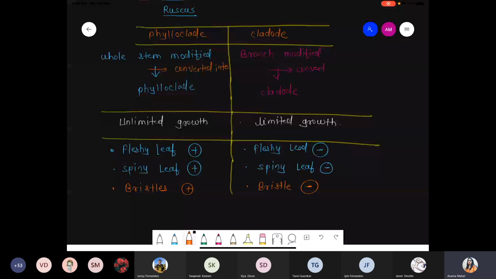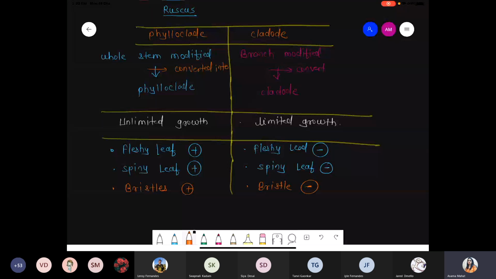Less writing but more information. Got it? Don't write any extra material. It's very necessary, because once you complete the entire syllabus, the more notebook there is, the more time you will need for preparation. So smart work. Now, all this is the information with respect to the phylloclade and the cladode.